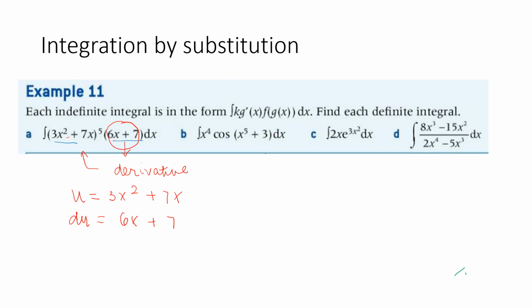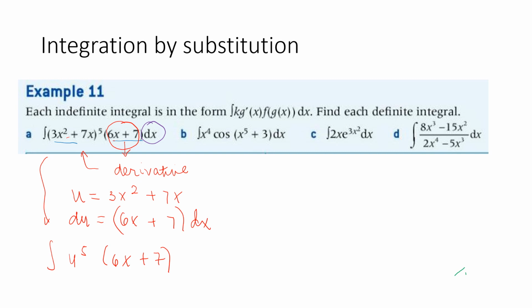If we get the derivative of this u, we have 6x plus 7, which is actually this part. So if we're going to represent this, it's the same as the integral of u raised to 5. By the way, this is du in terms of x. So u raised to 5 times this function, 6x plus 7. And then what about dx?